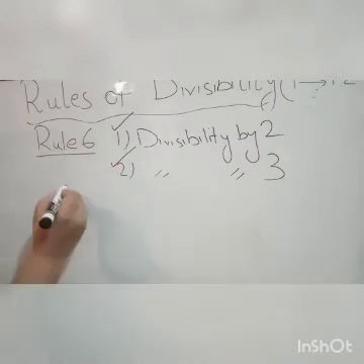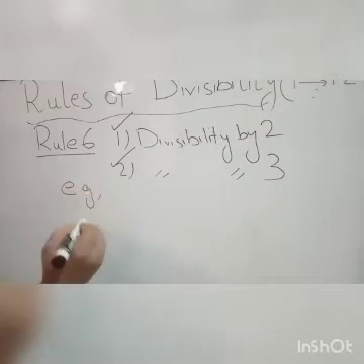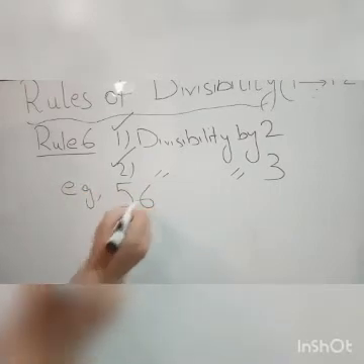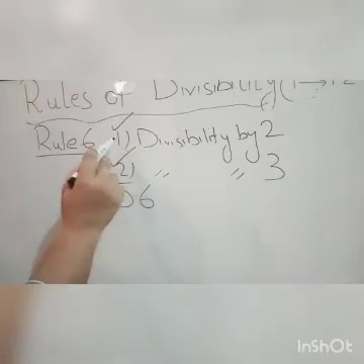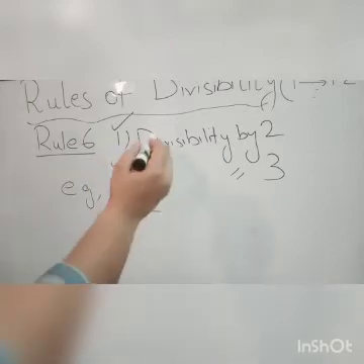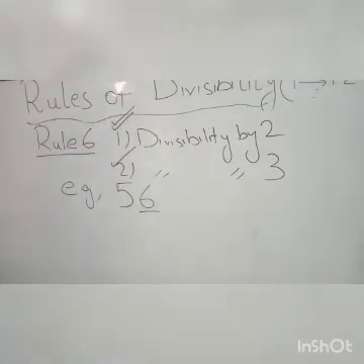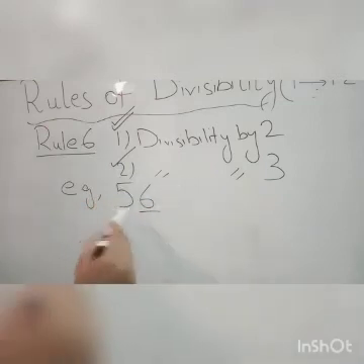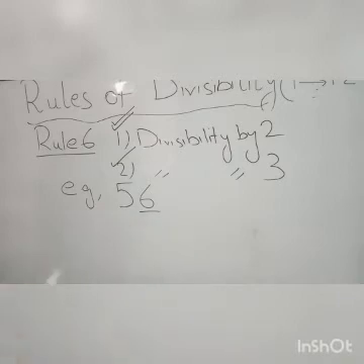Let's check out an example. Let's see 56. To check the first rule, just see the last digit, it's 6. So it's an even number, so yes, you can say that it is divisible by 2. But for the rule for 3, add both digits. 5 plus 6 is equal to 11.